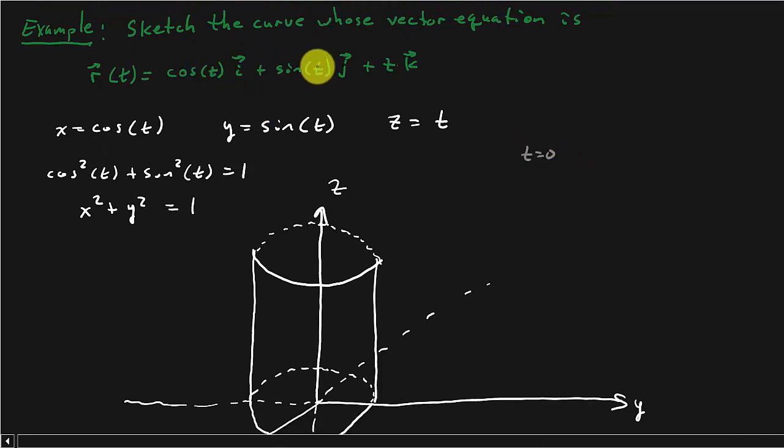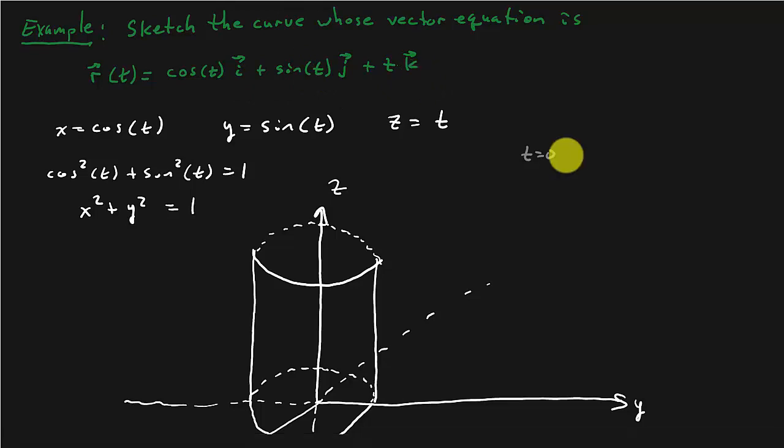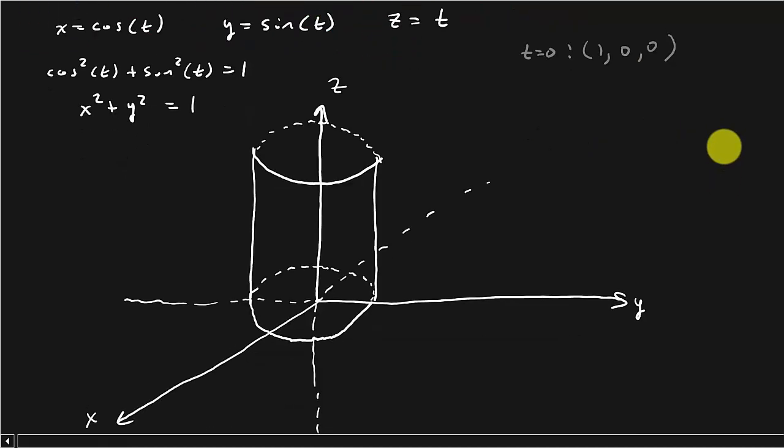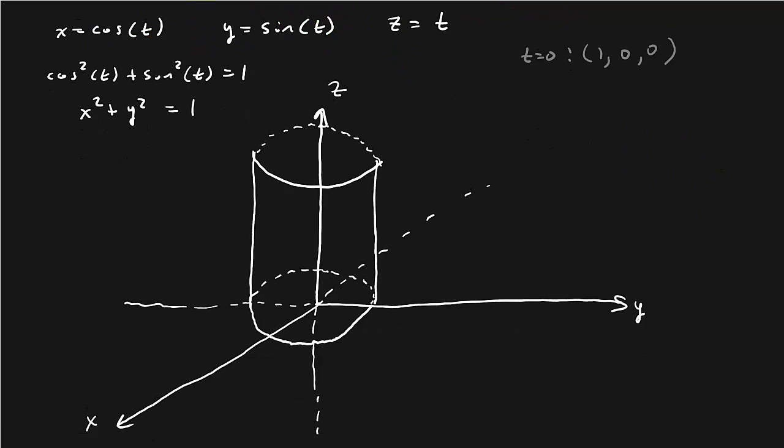I'm going to plug t equals 0 in here, and that's going to give me the terminal point of the vector. So if I plug the 0 in, cosine of 0 is 1, sine of 0 is 0, and plugging 0 in for t, I get 0.